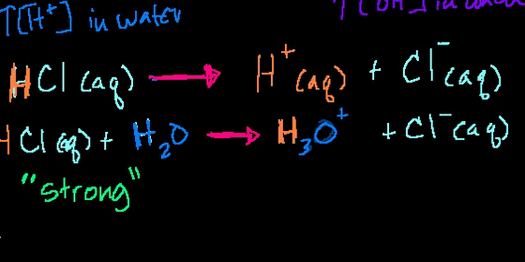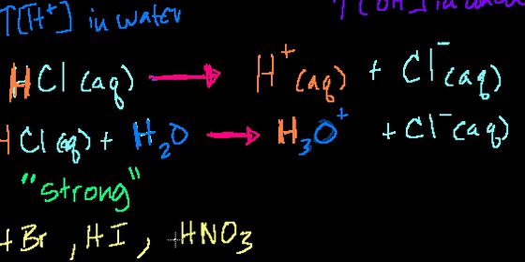You also have hydrogen bromide, another strong acid, hydrogen iodide. You have nitric acid. I think I showed you that in a previous video. All of these, when you put them into water, this little H is going to pop off, join another water molecule, form hydronium, and then what's left over, in the case of chloride or iodide, these are halogens, is going to form negative ions.